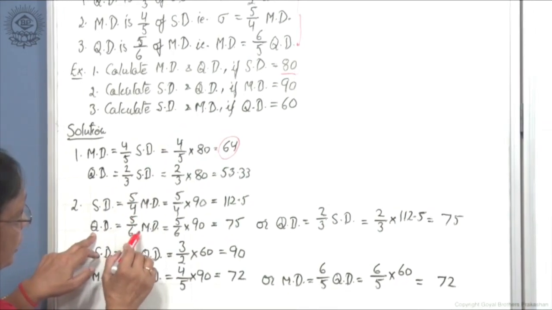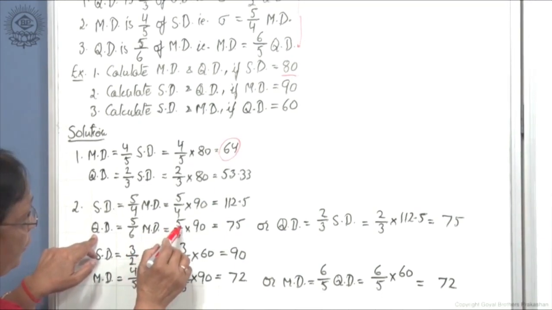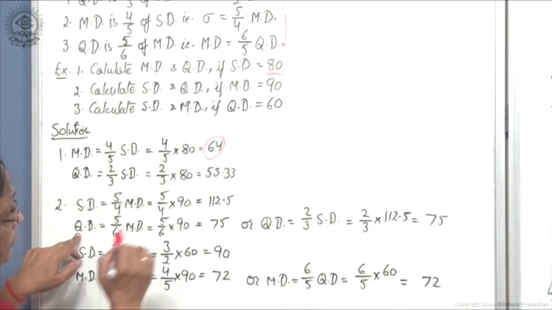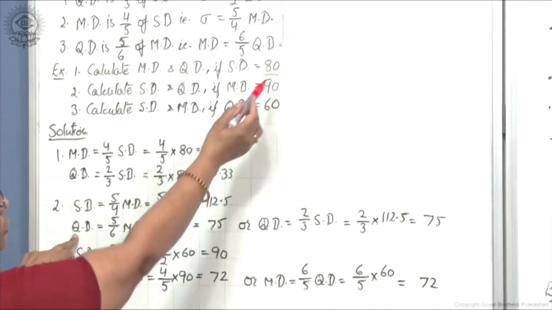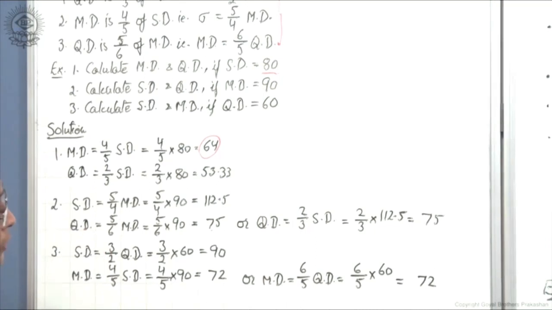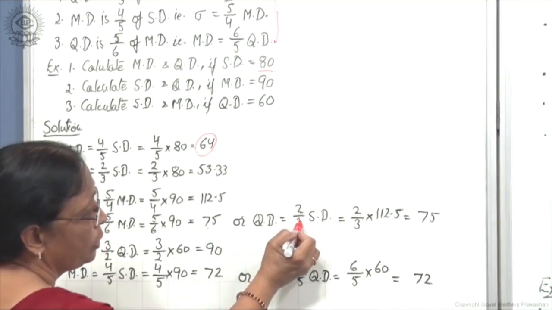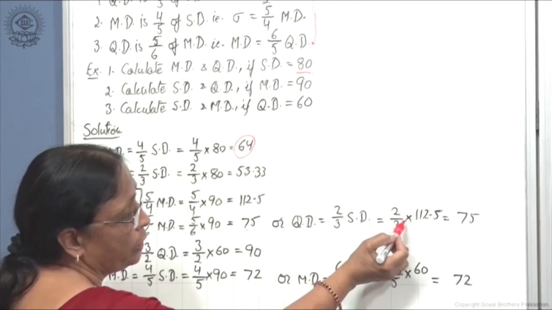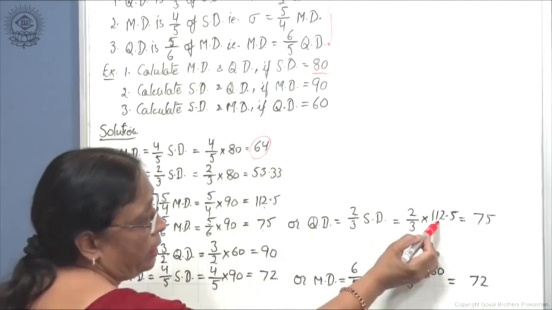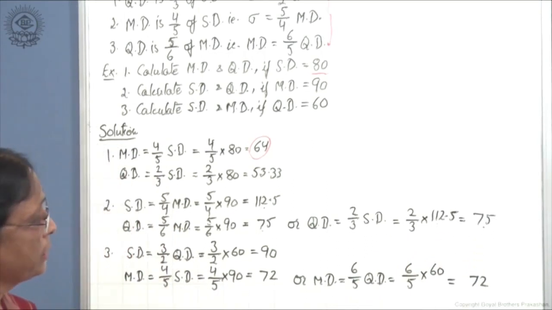QD is 5 upon 6 of MD, which is 5 upon 6 into 90, and QD is 75. So here MD was given to you and you could calculate SD and QD, or QD is equal to 2/3 into SD, SD being given, and then QD is 75.